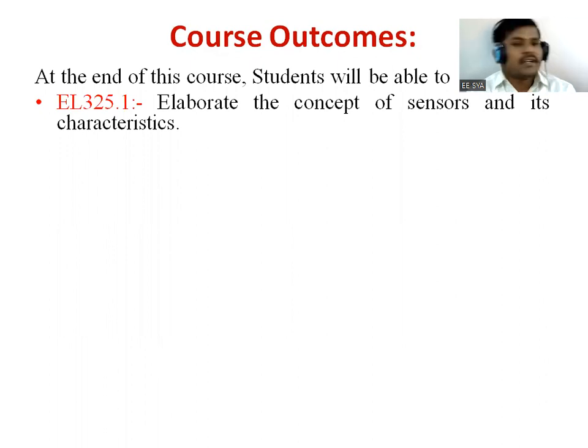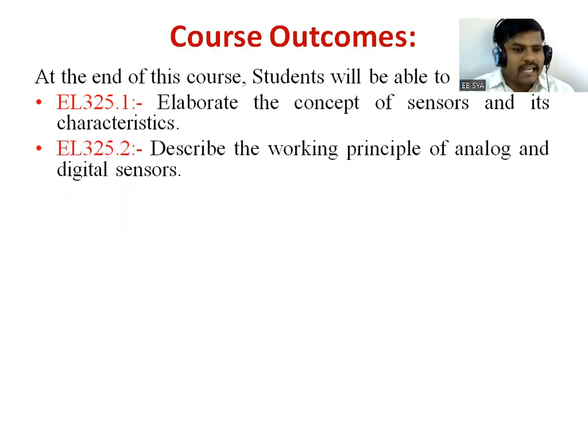We want to understand the concept of a sensor, and there are different characteristics, I think about 20 characteristics of a sensor. We want to understand these characteristics. So I have made one course outcome dependent on unit number one: elaborate the concept of sensor and its characteristics, right?